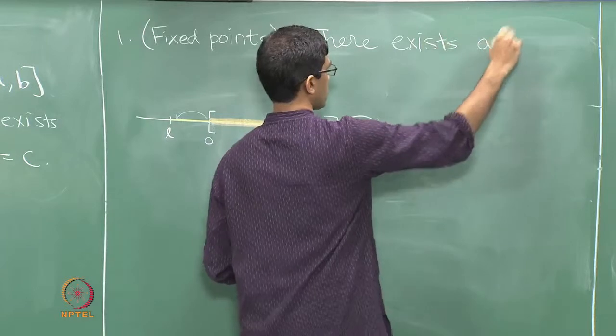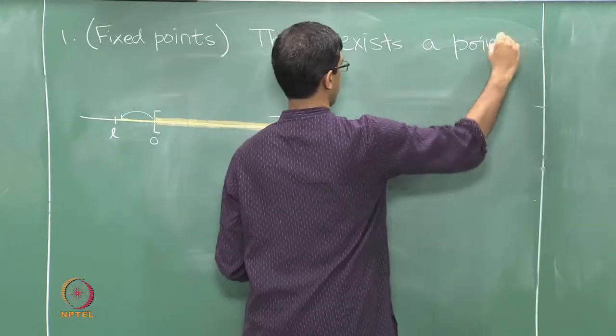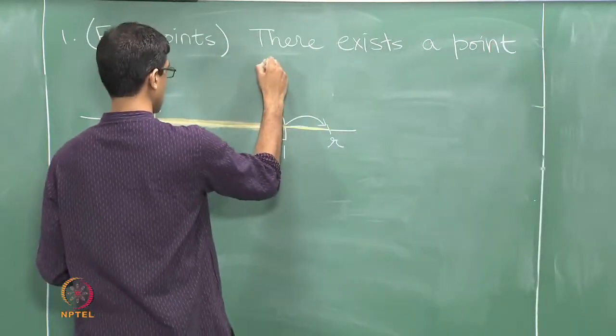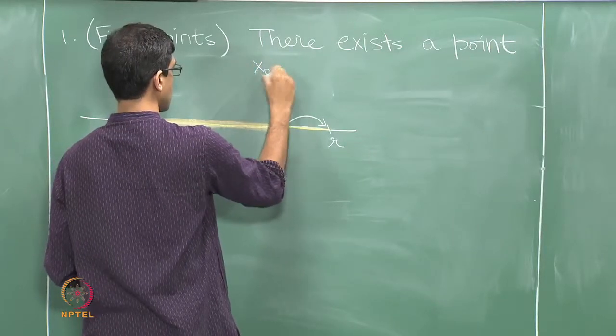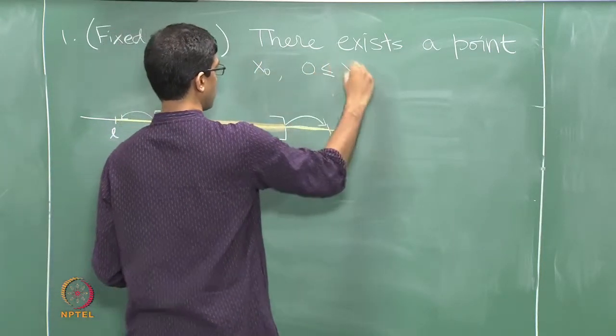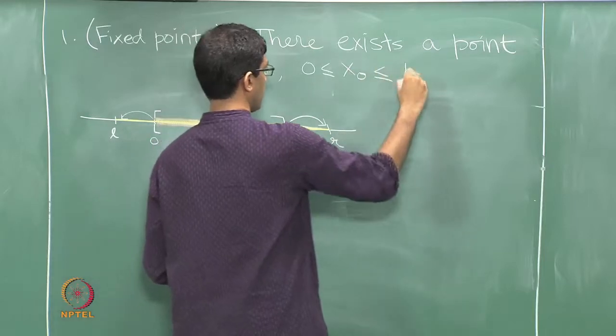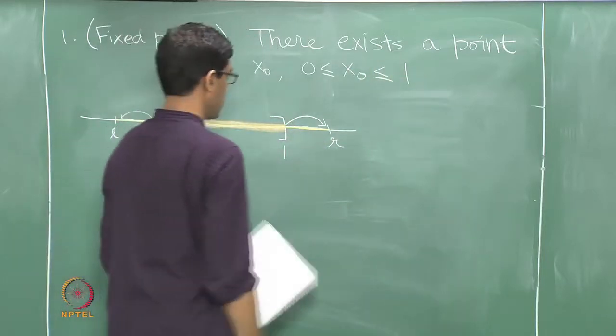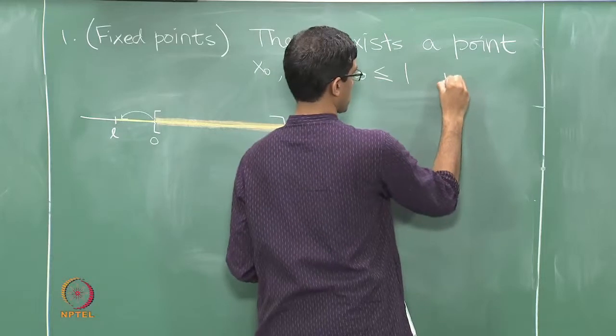There exists a point, let's call it x naught, on the original rubber band, which means x naught was a point between 0 and 1 which does not move from its place during this stretch.